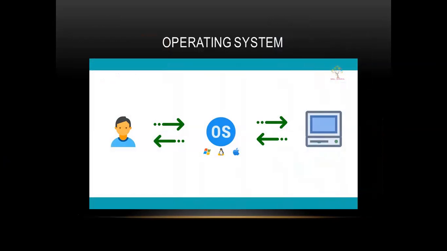So before that, can you tell me what is an OS? What is an operating system? It's a system which operates the whole phone or laptop. Okay. Operating system. Anyone else?